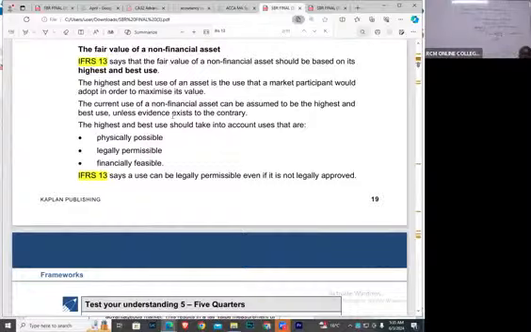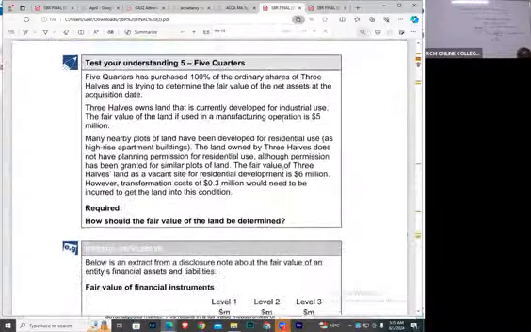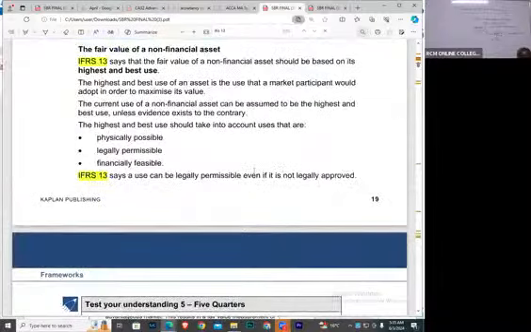IFRS 13 says a use can be legally permissible even if it's not legally approved. You can always look for approvals, especially if other people have gotten approvals in that area. Even if it was a restricted area, I can say that if my neighbor got approval, I can also get approval.